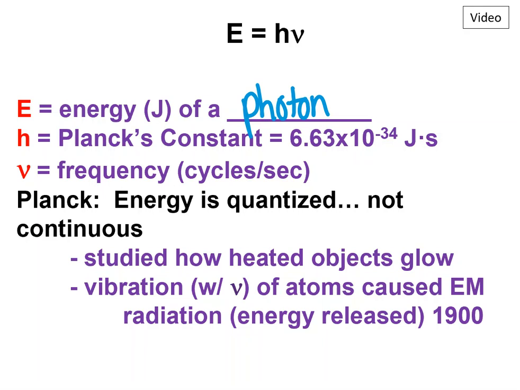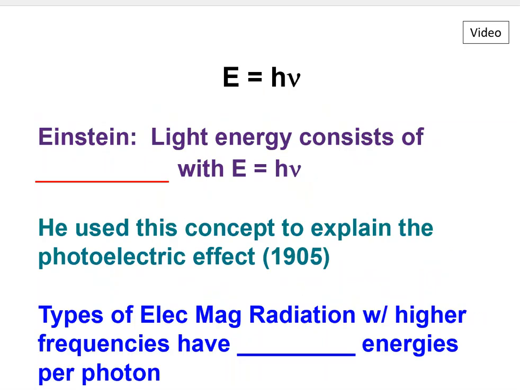Anyway, Planck studied how objects glow when they're heated and the light that comes off from them, and he found that only certain wavelengths of light would be released. Again, Einstein coined the word photons to describe these packets of energy.